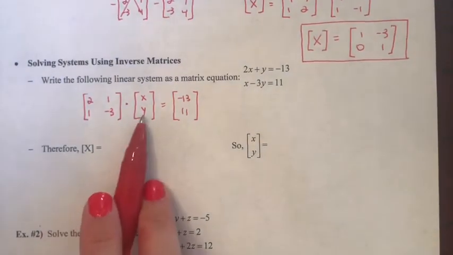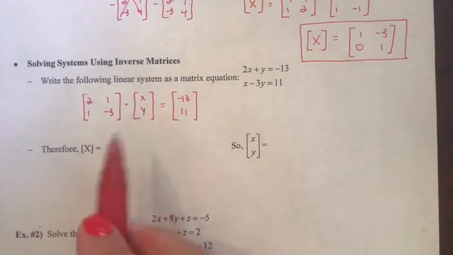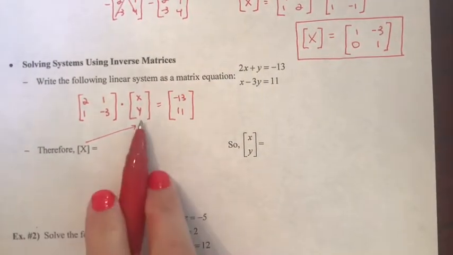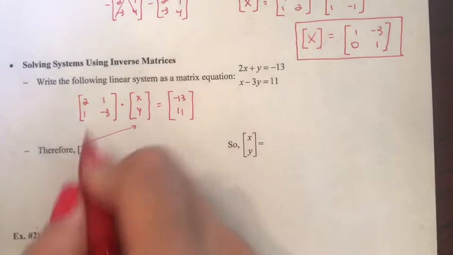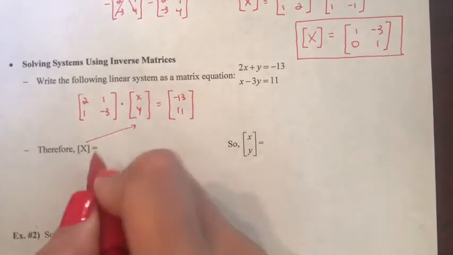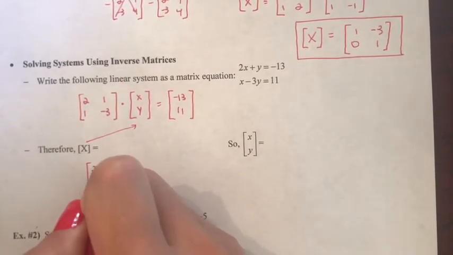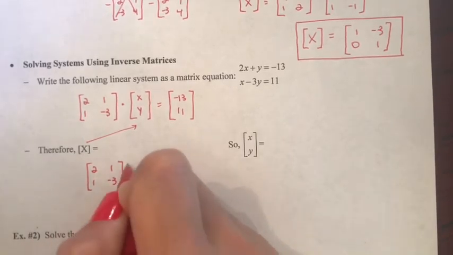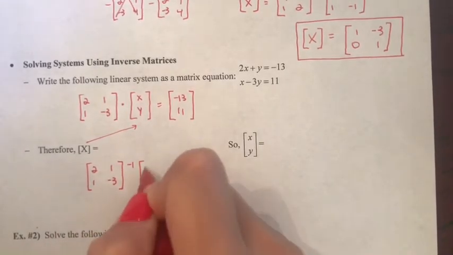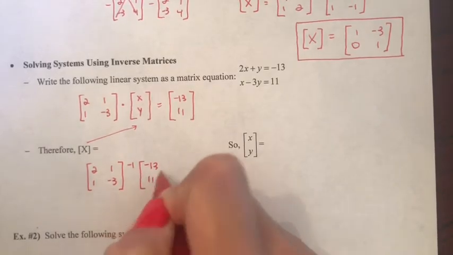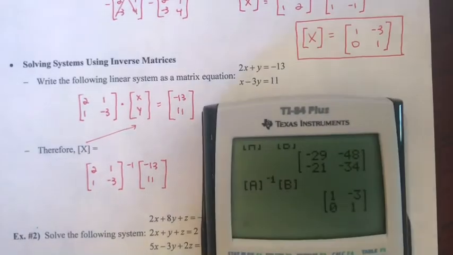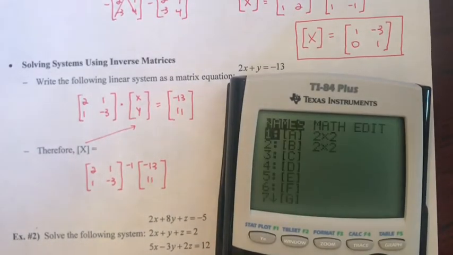And so therefore, if we're trying to get x, our variable matrix, which is really right over here, that's what we're talking about. If we're trying to get this by itself, we follow the same process of doing the inverse of this matrix times the constants. Okay, and let's go ahead and type those in.